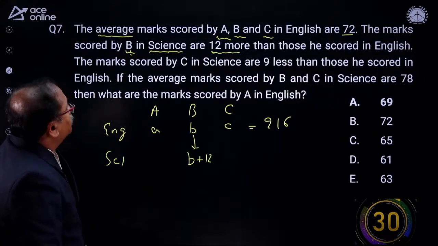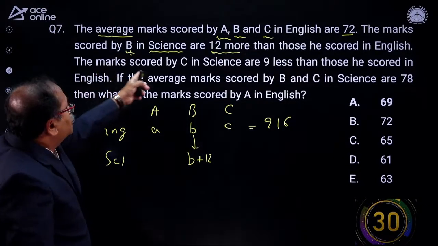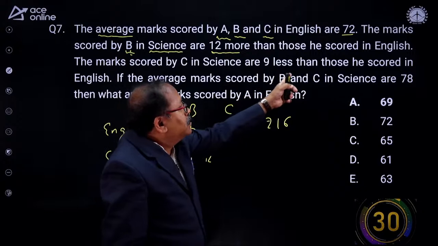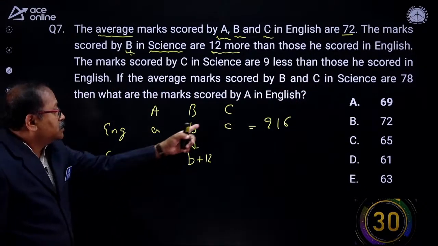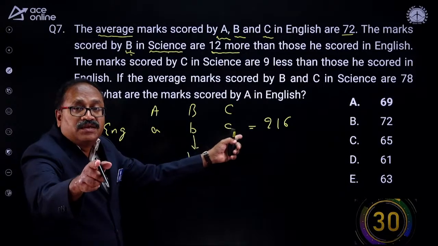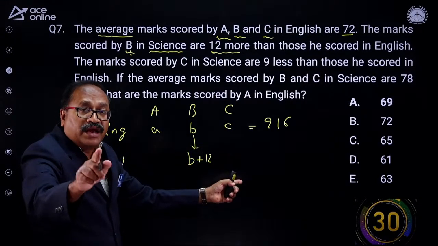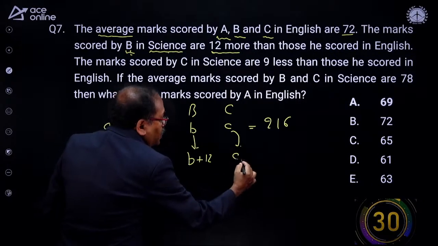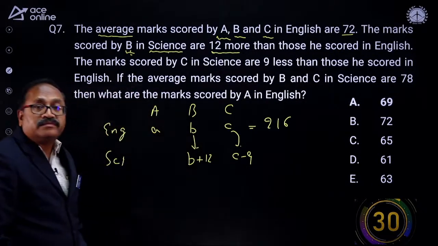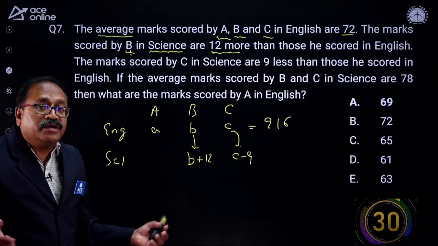And the next one, the marks scored by C in science are 9 less than the score in English. The C score in English is C. In science 9 less, so that marks will be C minus 9. यहाँ तक तो समझ में आ रहा है?